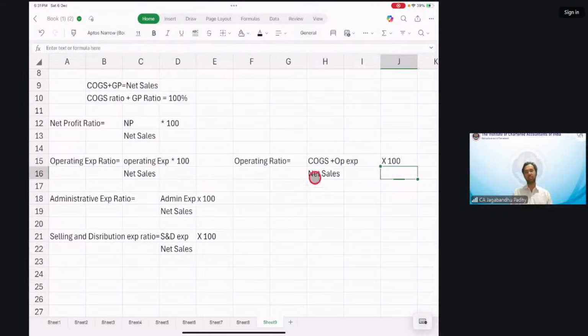So in operating ratio, you consider COGS along with your operating expenses to arrive at the operating ratio number. Okay. Are we clear till now? Yes, everyone?